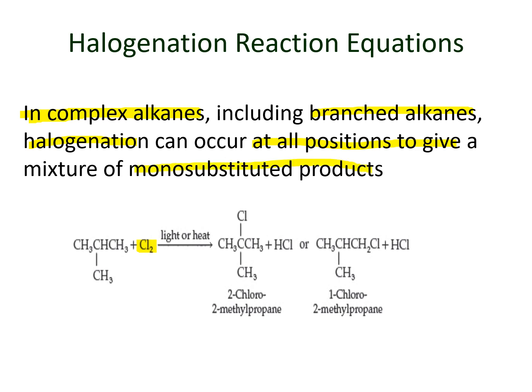In this first example, the chlorine is attached at the top. In another reaction, the chlorine can be attached on the right side as well. So the products will be different. In the first case, it's 2-chloro-2-methylpropane, whereas the second one is 1-chloro-2-methylpropane. So the position of the chlorine can be different in complex or branched alkanes, and we can get a variety of mono-substituted products.